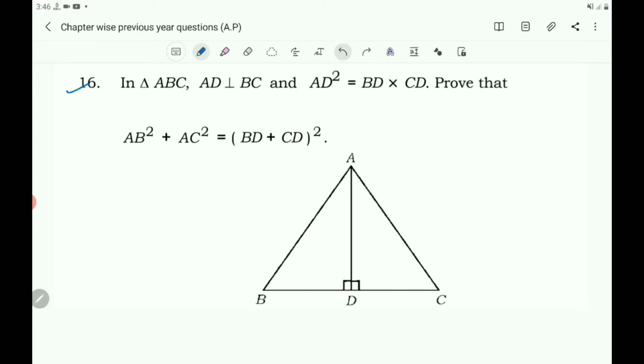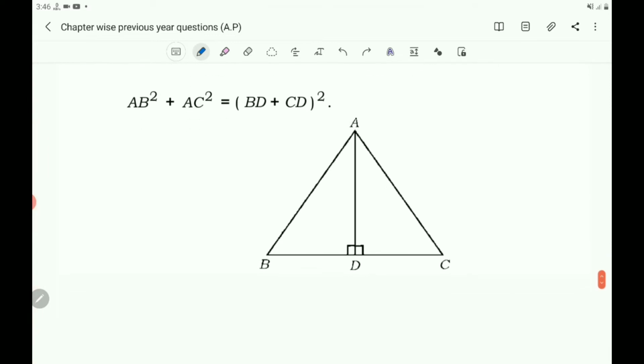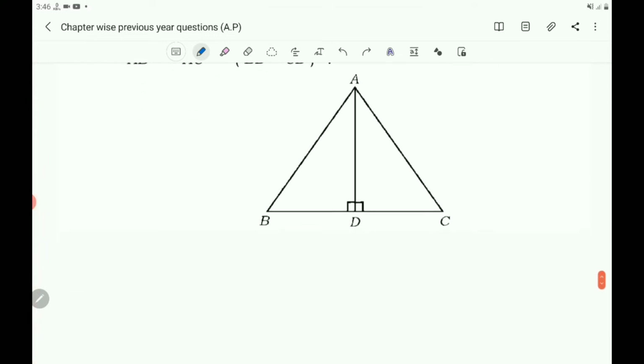Now let us prove it. Here what is given? In triangle ABC. So let us take the solution. In triangle ABC, what is given?